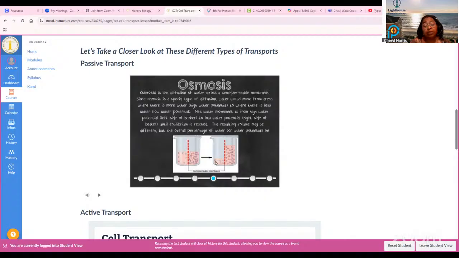Okay, and it's going to keep on doing that. So it looks like the level of water went down on the left side because it flowed to the right side. But in all, what she's saying is there's a constant gradient. The amount of water in that beaker is the same. It's just now it's moved from one side of the gradient to the other.